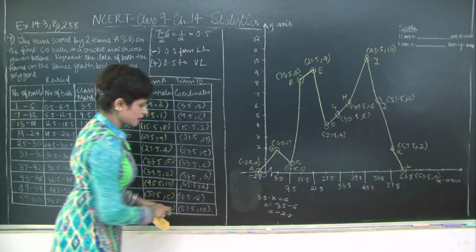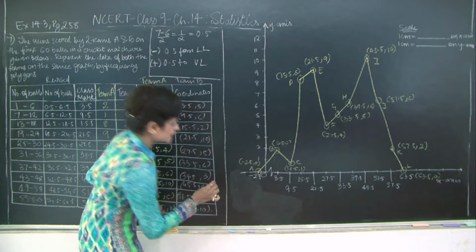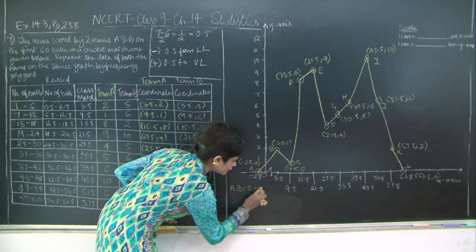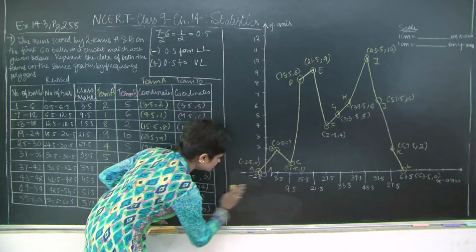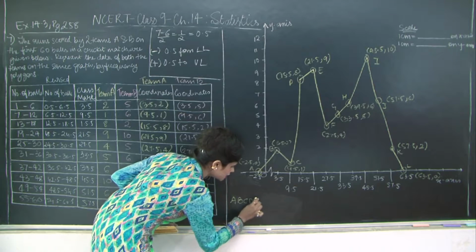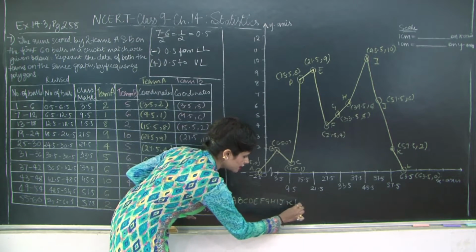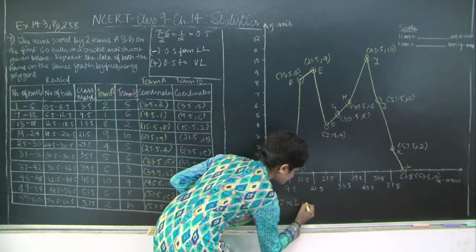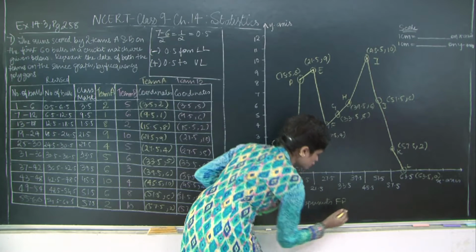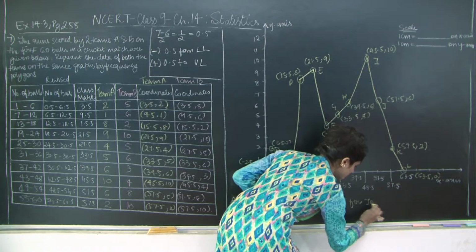I do not see much space. I'm just going to make space and write over here. A, B, C, D, E, F, G, H, I, J, K, L represents frequency polygon. So I'm just writing FP for frequency polygon for team A.